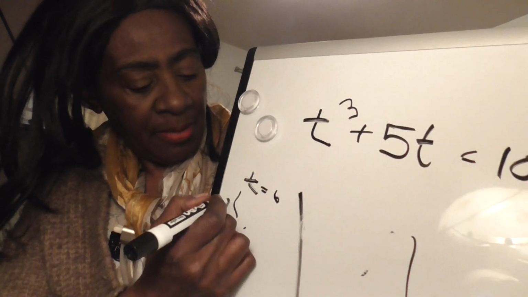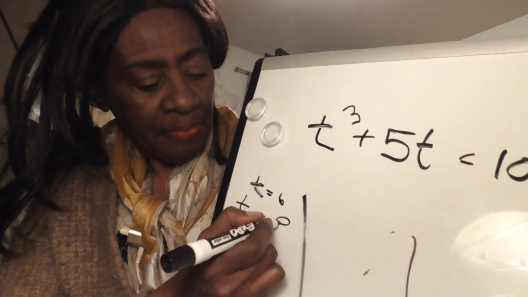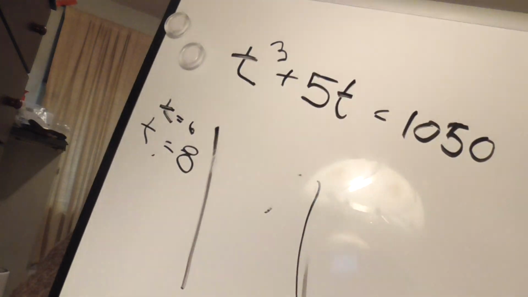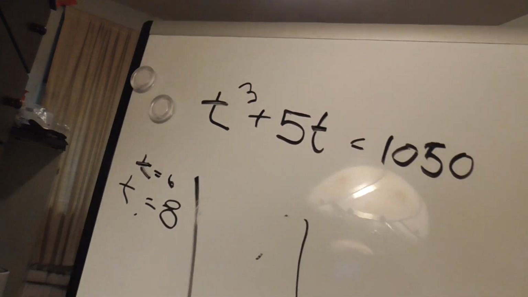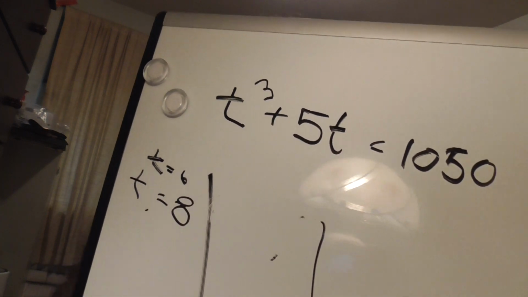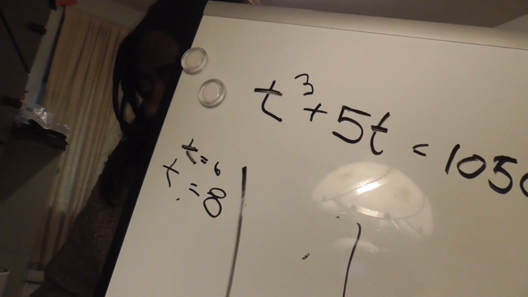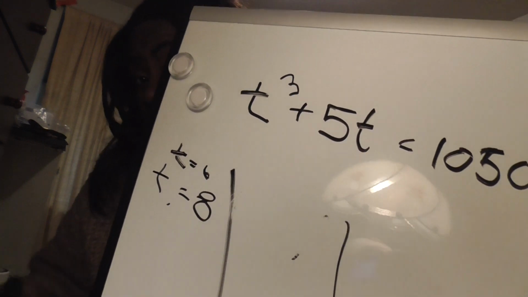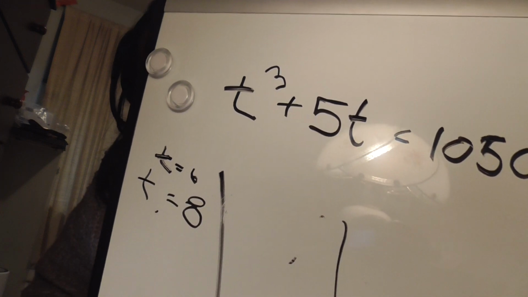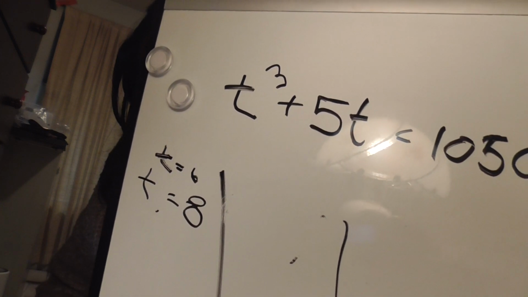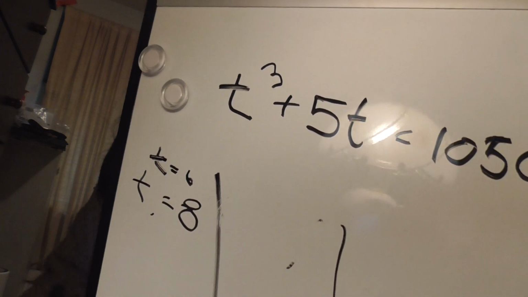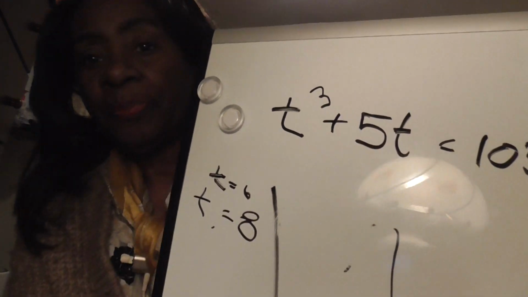If we let t equal 8, we know that 5 times t, if t equals 8, will be 40. What is 8 to the third power?